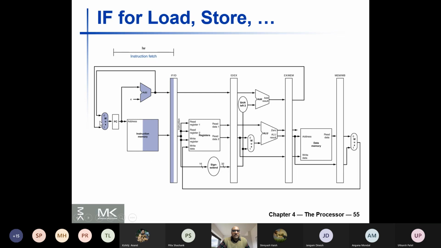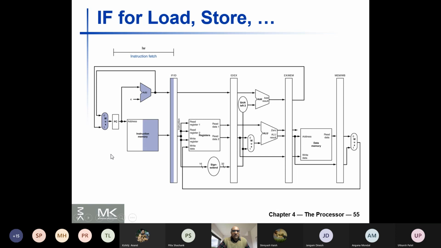The PC indicates the address, and from that address the instruction word is fetched and placed into the register. The PC plus 4 is calculated over here and made available to be entered into the PC in the next clock cycle.